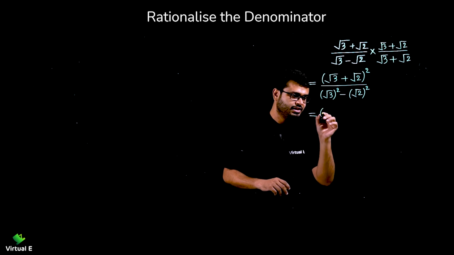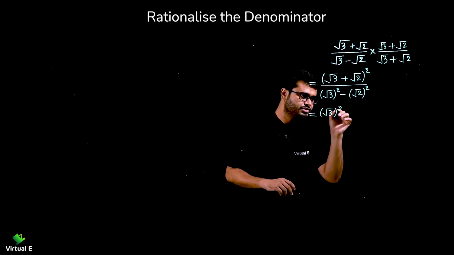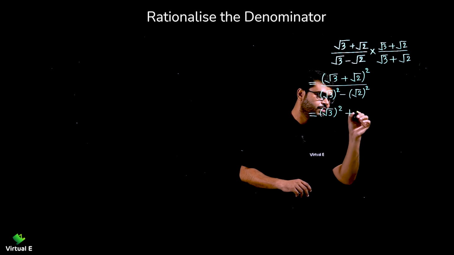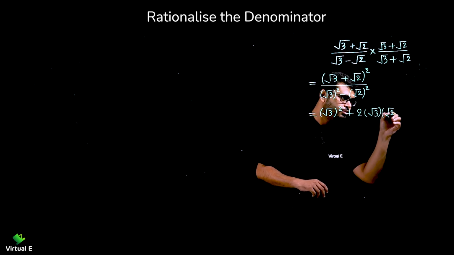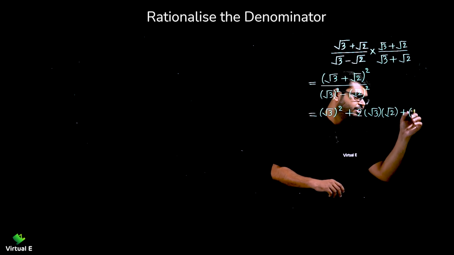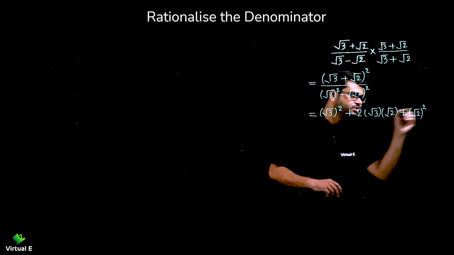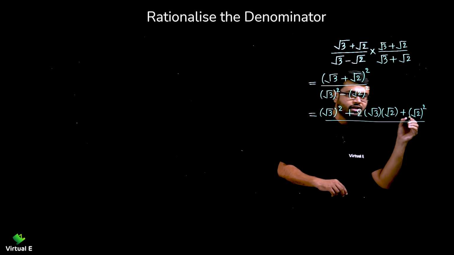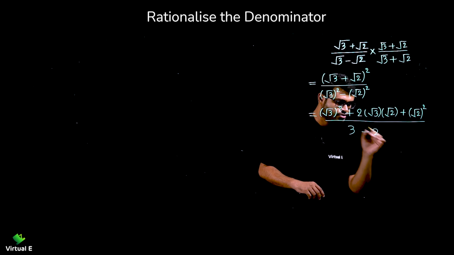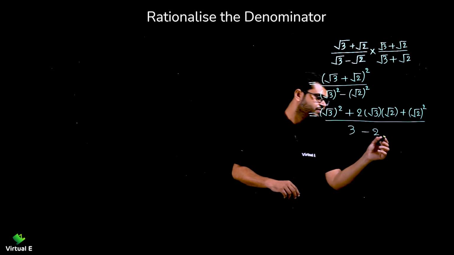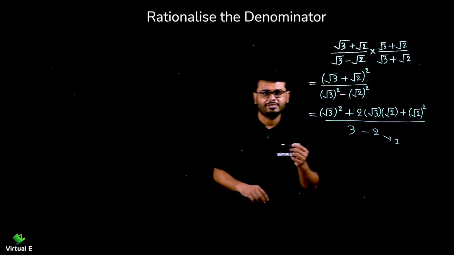So let's start here: root 3 square as it is, plus 2 times root 3 and root 2, plus root 2 whole square, done. And in the denominator root 3 whole square, so that is 3 minus 2 only. Now 3 minus 2 answer we know very well, that's what? 1, like the previous case.